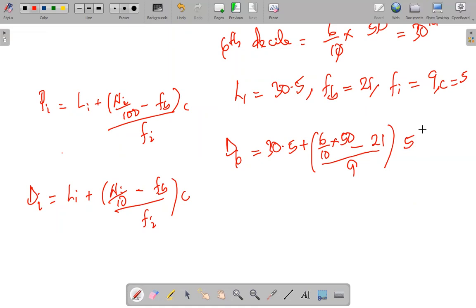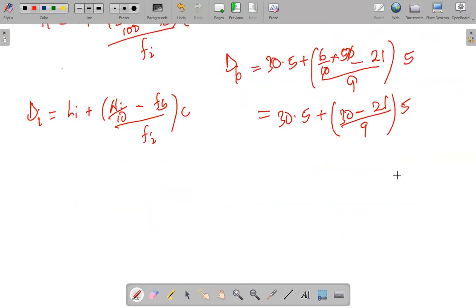If we put all of that into a calculator, we have 30.5 plus 30 minus 21 over 9 times 5. 30 minus 21 is 9.